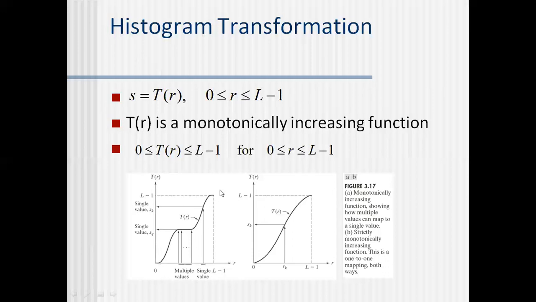This is the dark level and this is the bright level, from dark level to bright level. There is some constant gray level here. I am showing some constant gray level. Suppose at R is equal to 1, R is equal to 2, R is equal to 3, R is equal to 4, up to some 10 points or 20 points, if the output is the same, then that is the constant gray level for all the input samples.